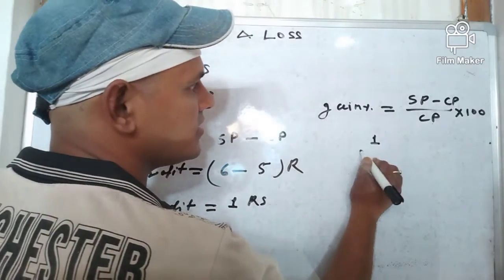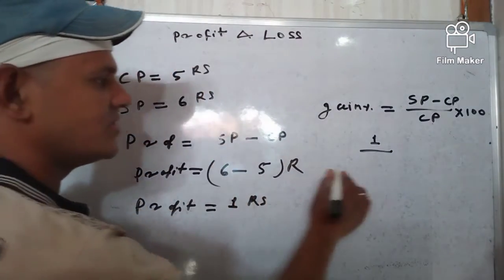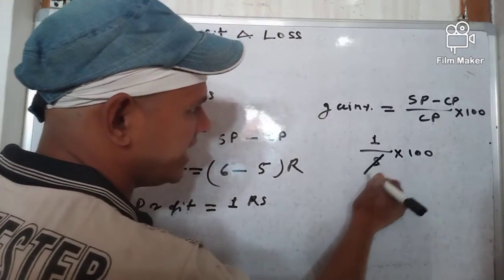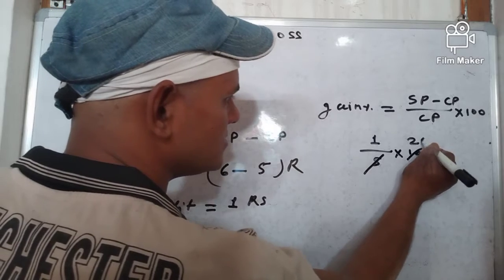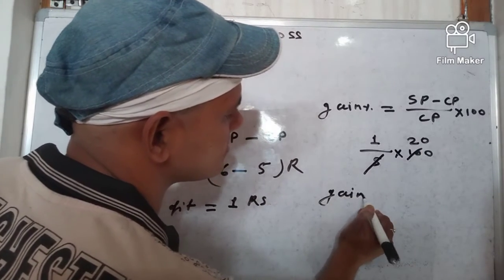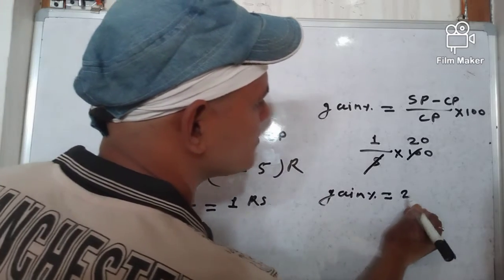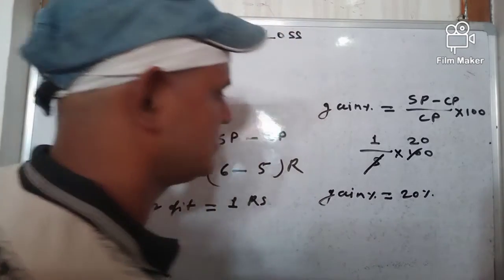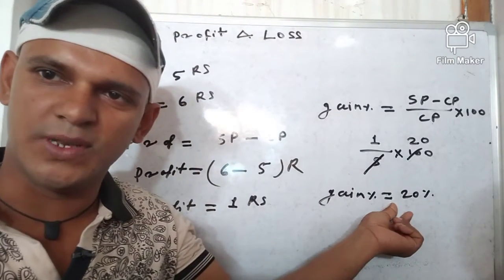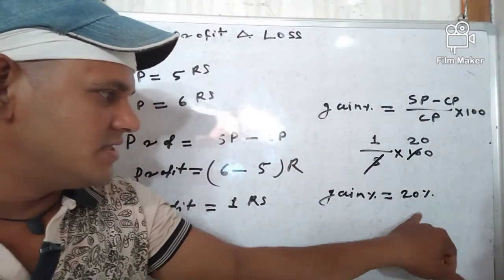So 1 by CP, which is 5, into 100. So 5 twos are 10 and 0 here. So gain percent equals 20%. So 20% is the answer to this question.